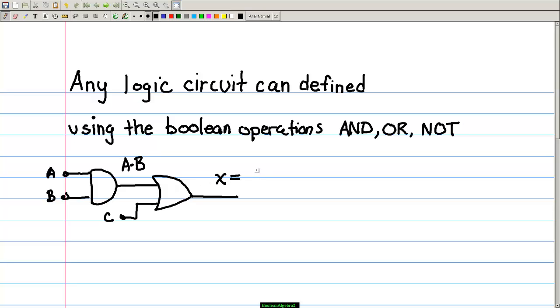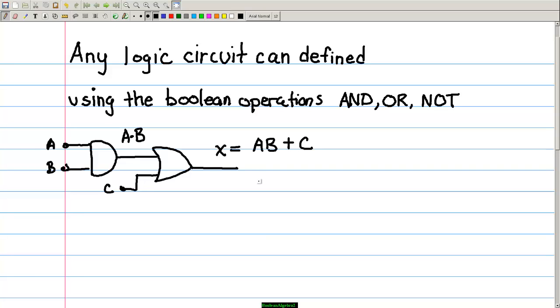So we will have A, B, ORed together with C. So the output of the OR gate is defined by X equal to AB ORed with C. Now this output can also be expressed as X equal to C or AB, since the order does not matter.